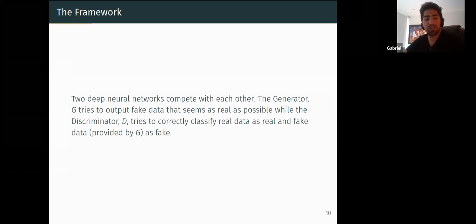We're just gonna make two neural networks clash with each other, compete with each other. We're gonna have the first neural network called the generator, which tries to output fake data that ideally will fool the second neural network called the discriminator. The discriminator on its own is trying to classify real data as real and fake data as fake.